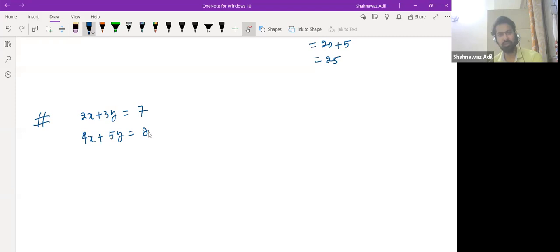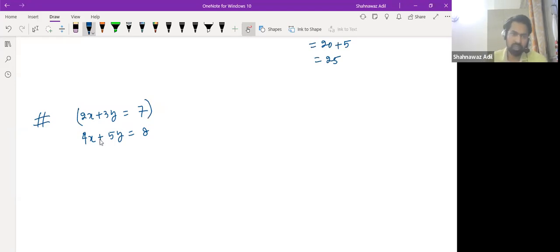So you have these two equations. So we have to make one of the coefficients the same. Either we can make x one or we can make y one. So in this case, which one would be easy to make equal? X, right? So then we multiply this equation by how much?